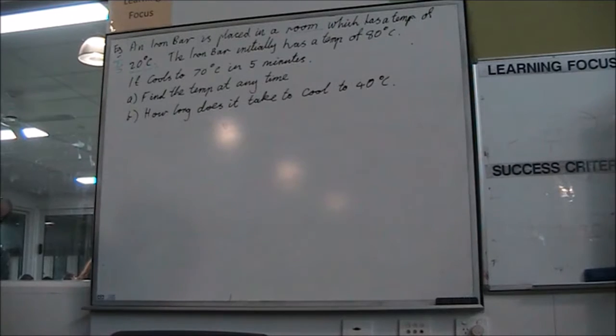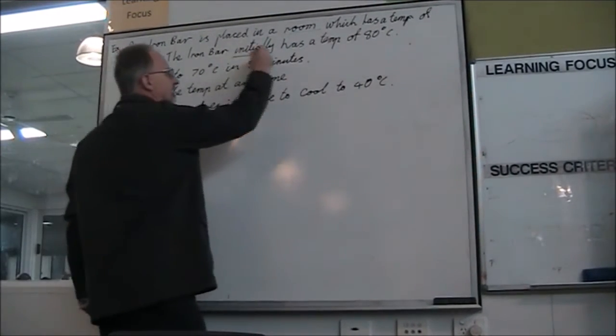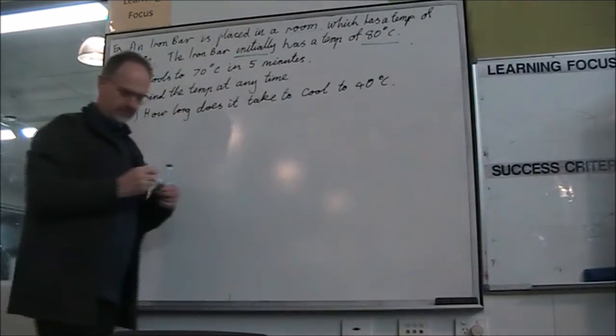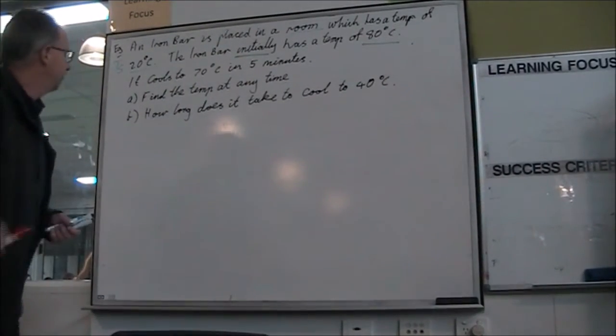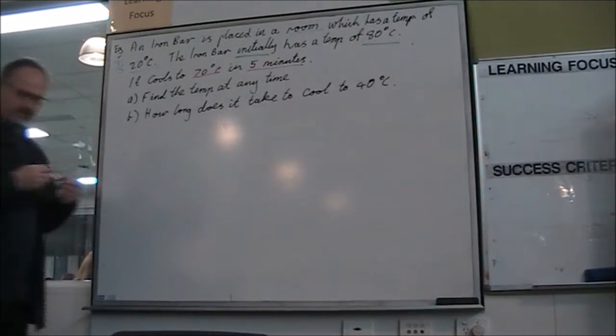All right. So there's our surrounds. We've got 2 lots of information. We've got that it's initially at 80, and the other bit of information we've got is that it cools to 70 in 5 minutes.